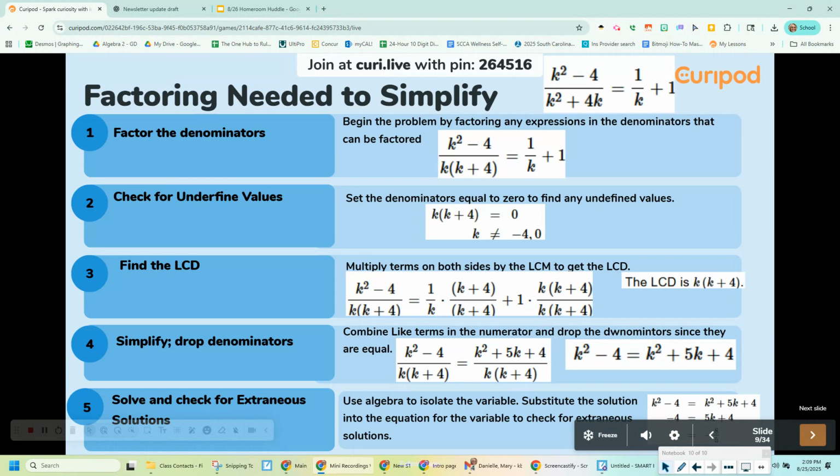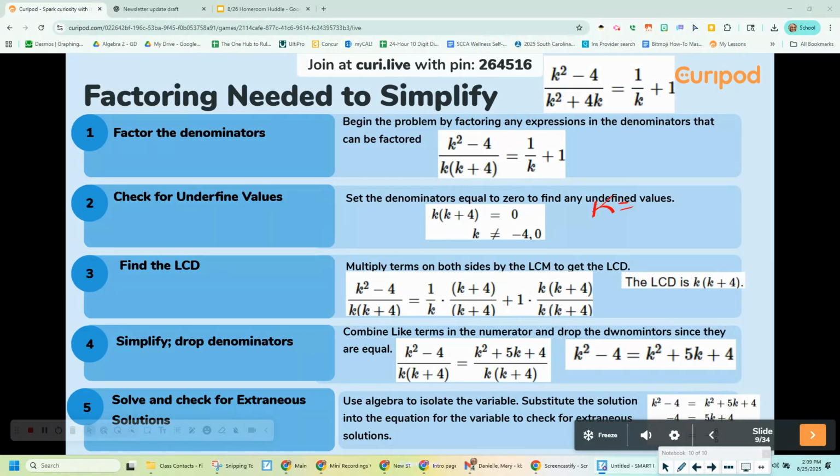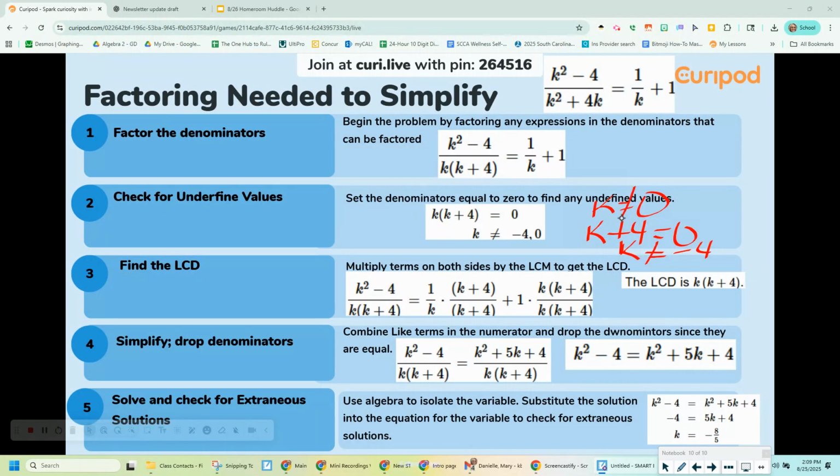So we're going to set k equal to 0, and k plus 4 equal to 0. So k is going to equal negative 4. So we know k cannot equal negative 4 and k cannot equal 0 when we find our solution.